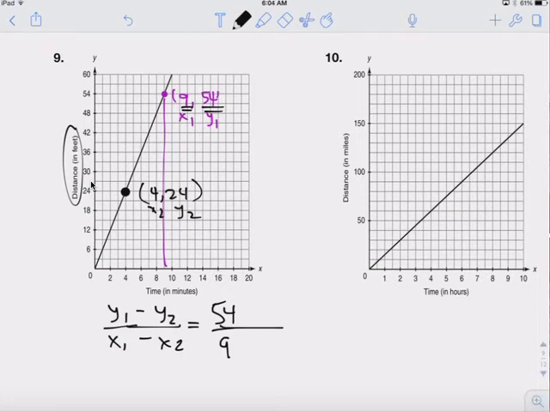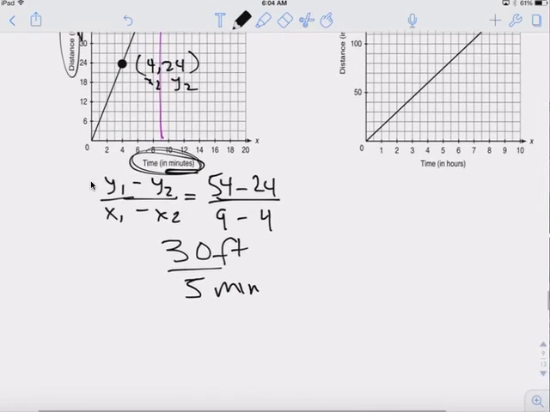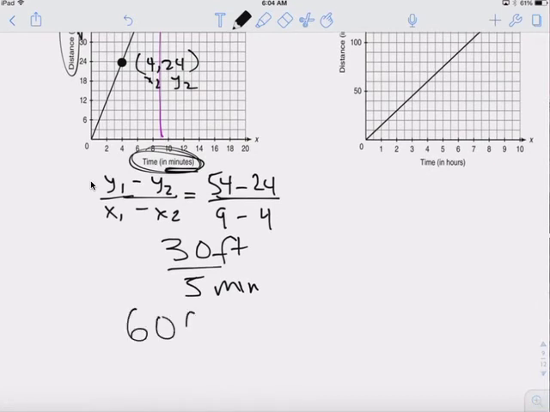That's our first one. The second one is 24 over 4. So it's 30 over 5, which is 30 feet over 5 minutes. Therefore, our answer is 6 feet per minute. 6 feet every 1 minute.